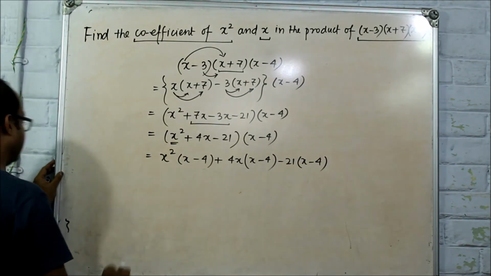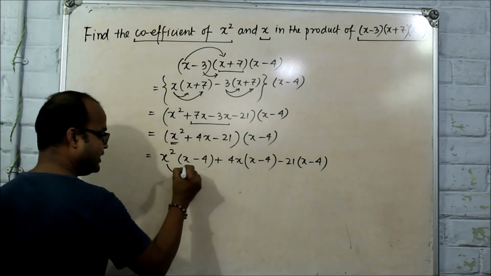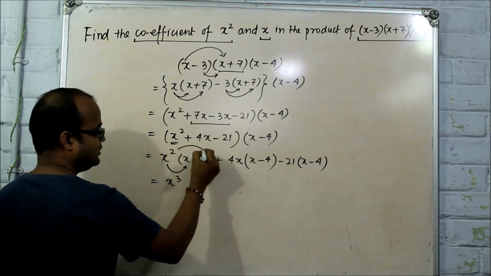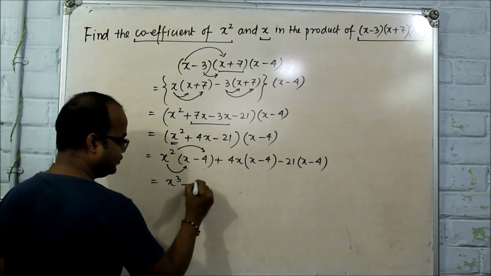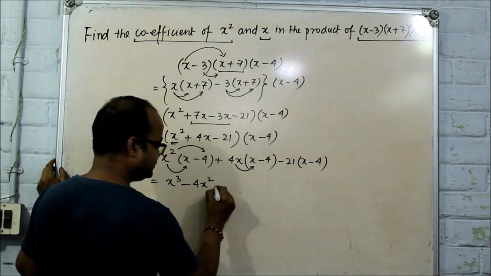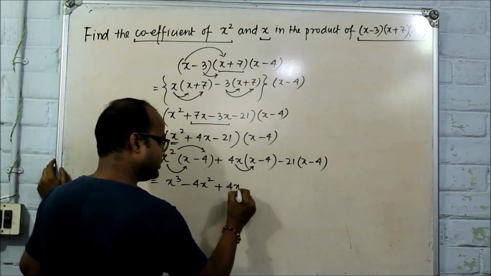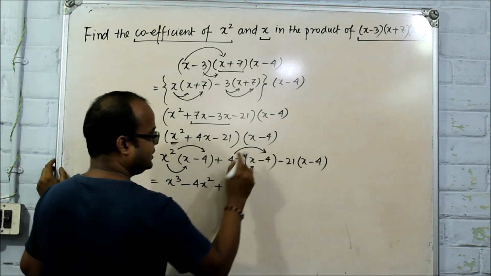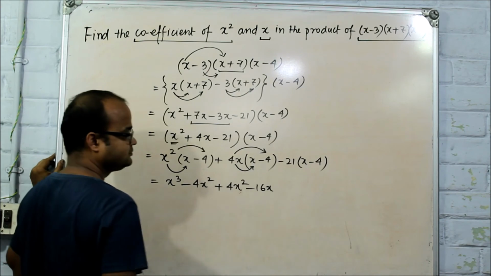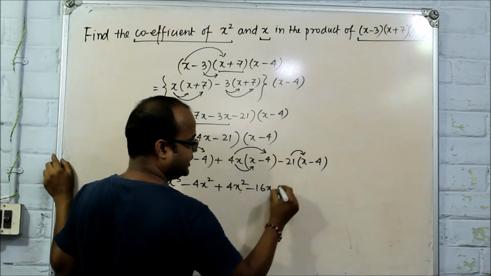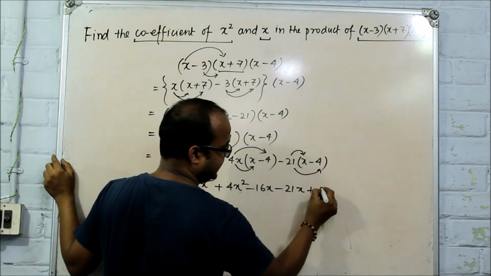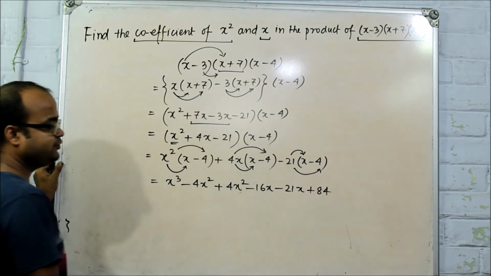So this will be equal to x² into x, which is x³, then minus 4x², 4x into x is plus 4x², 4x into 4 is minus 16x, minus 21x, plus 84, 21 into 4.